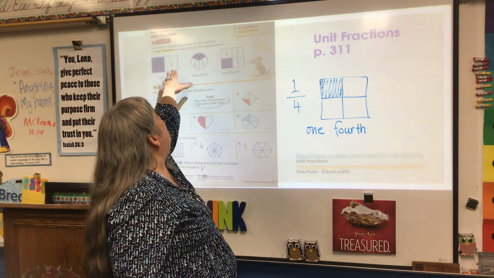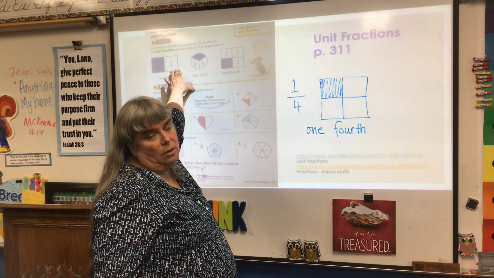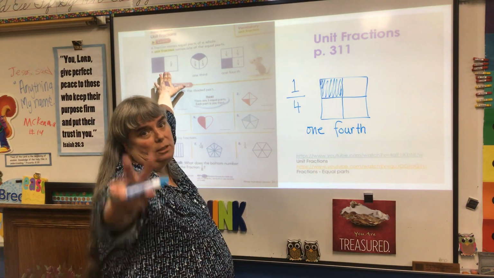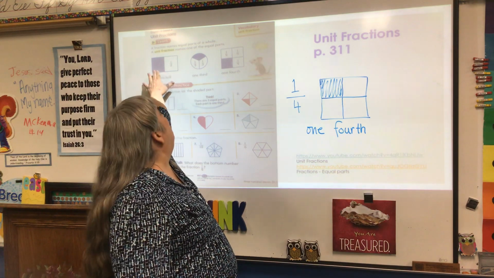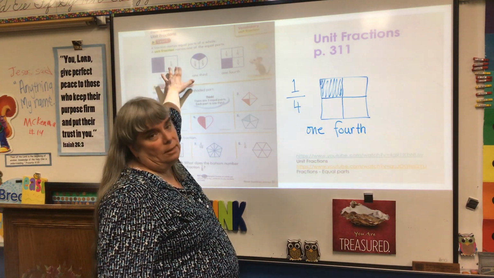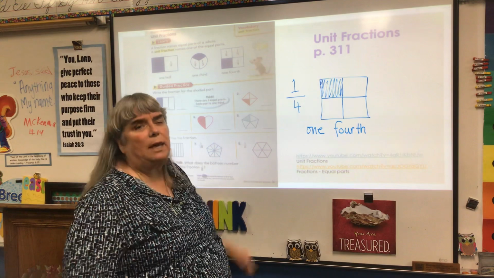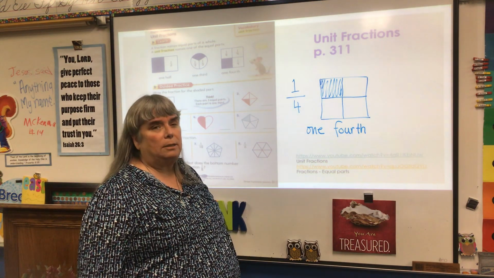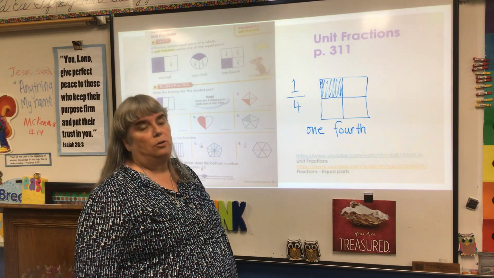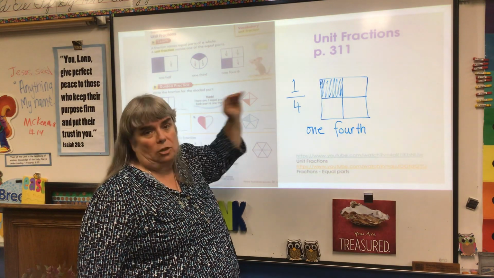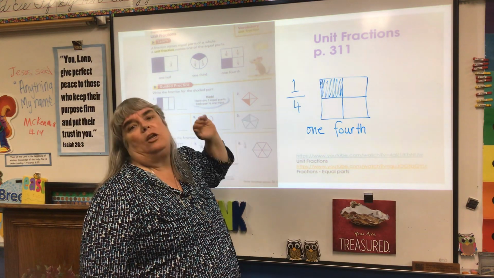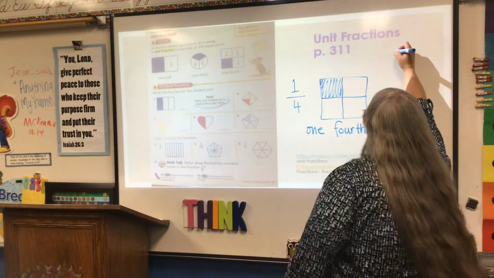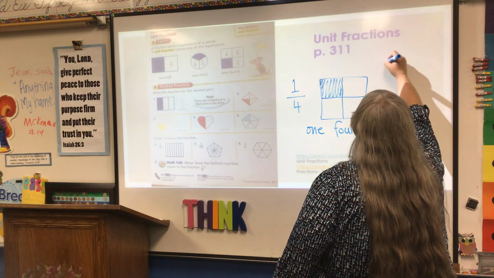Right here we have 1/2. So you'll notice that this shape has been split into 2 sections. This is 1/2 and this is 1/2. If you remember from yesterday, the top part is called the numerator. Remember, it starts with an N. The way to remember was our little compass star.